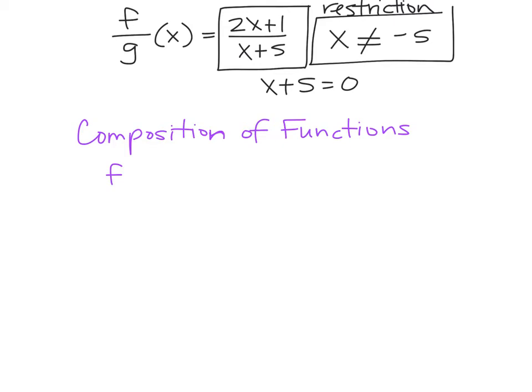So what it will look like is f of g of x, which is the same as f(g(x)). I feel like people typically like that second notation better. Basically, you're doing something with a function and then taking that answer and putting it into another function and taking that answer, and that will be your final answer. So it might feel like you're going to get two answers here. It's not two answers. It's one answer. It's the final answer, okay?